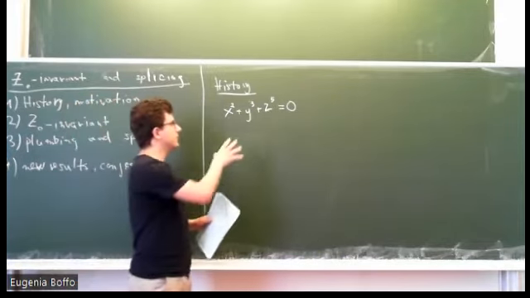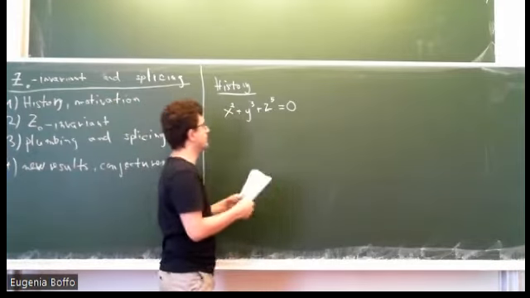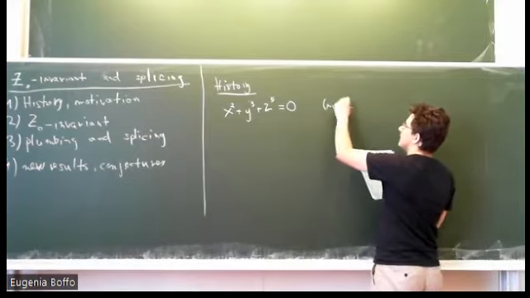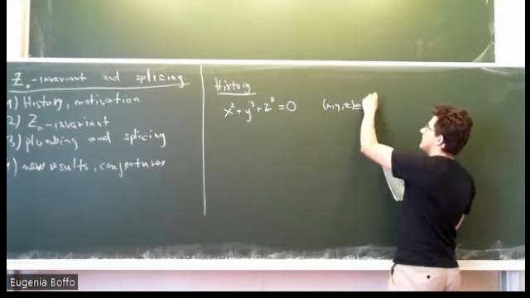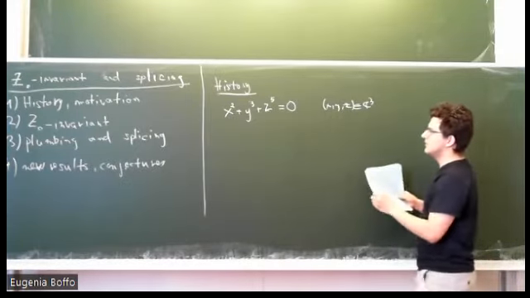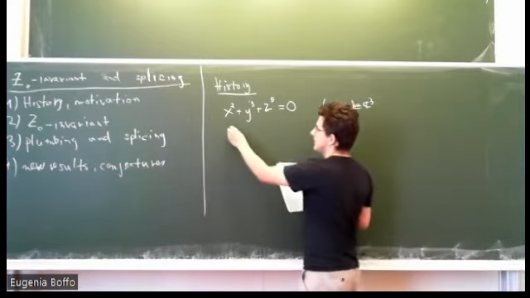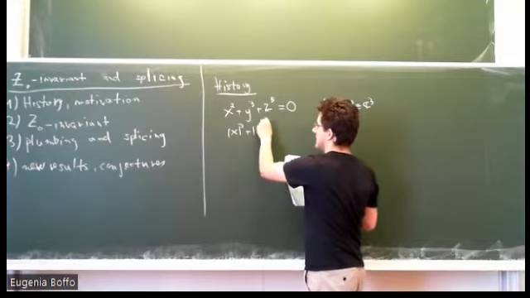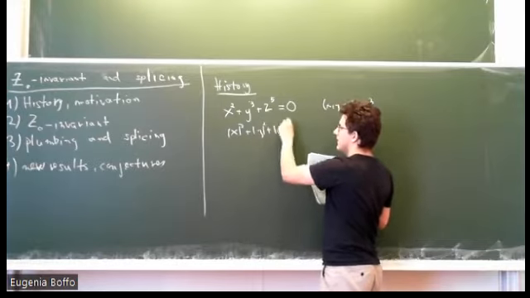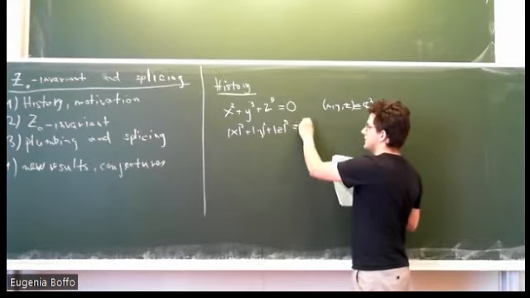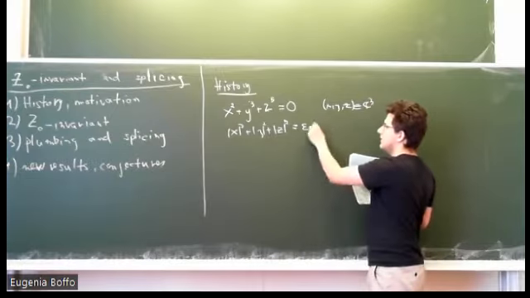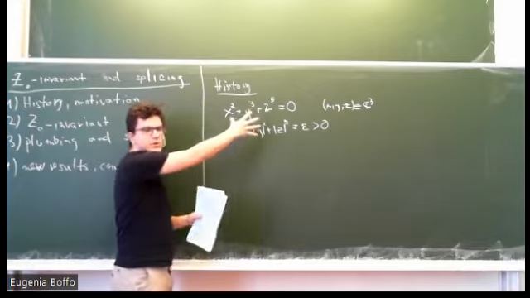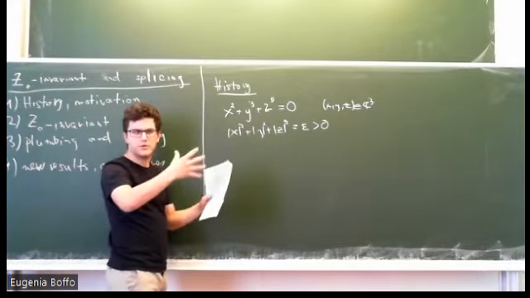If you take solutions, x, y, z are triples in C3, and you consider triples such that the Euclidean norm is equal to some small epsilon, then this is real dimension 4, this is real dimension 5.